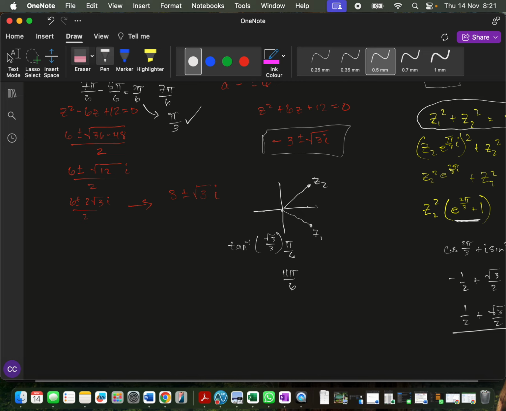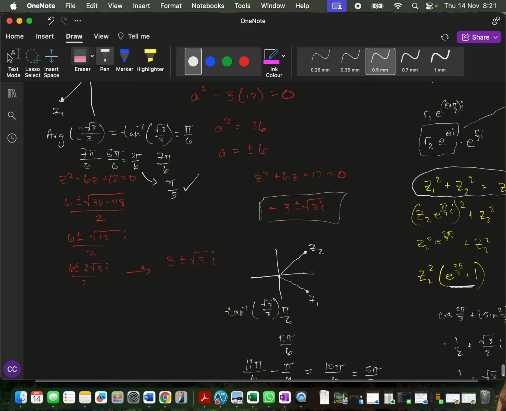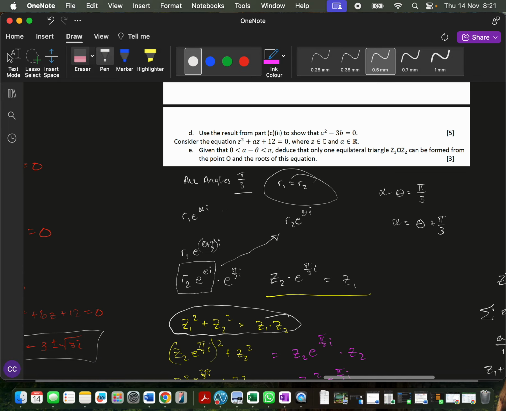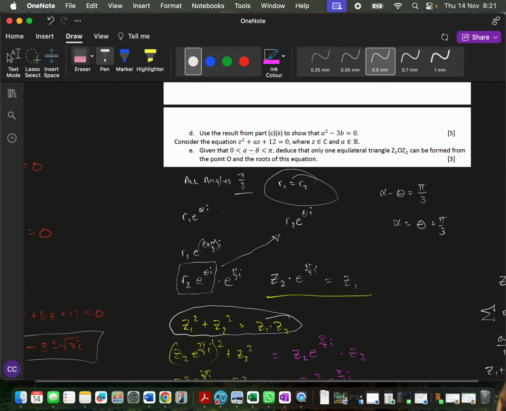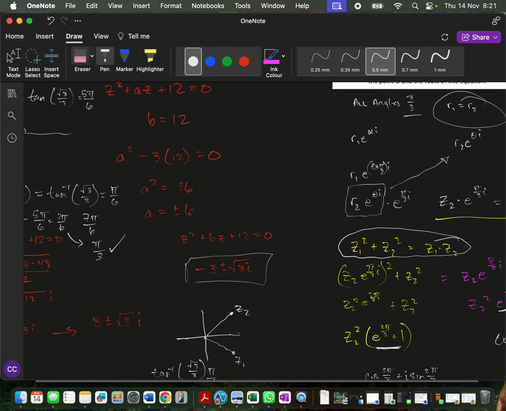And if I subtracted 11 pi over 6 minus pi over 6, I get 10 pi over 6, which is the same as 5 pi over 3. And that is outside the bounds of my domain, because I can only go here. So there's only one equilateral triangle that works.